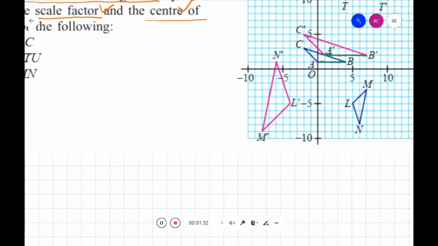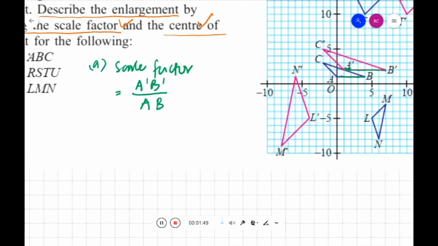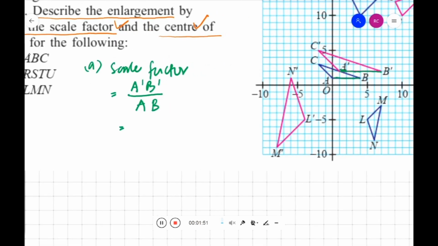Okay, therefore we can write down already for the scale factor for A. I write on here, scale factor is equal to A prime B prime over AB. So the A prime B prime just now is equal to 6, and then the AB is equal to 4. Therefore, after you simplified it, it becomes 3 over 2.